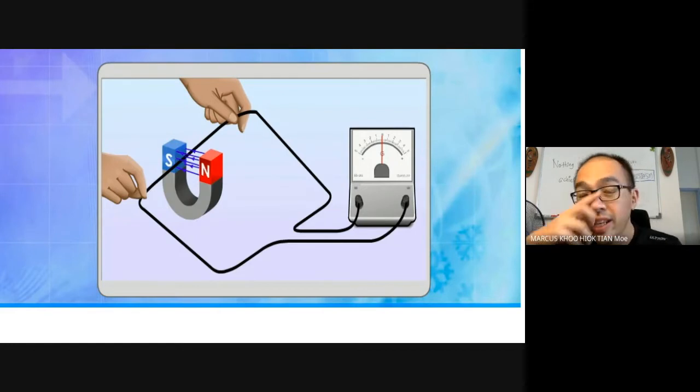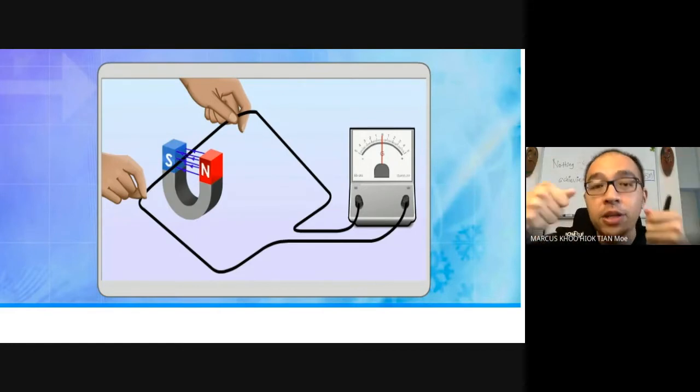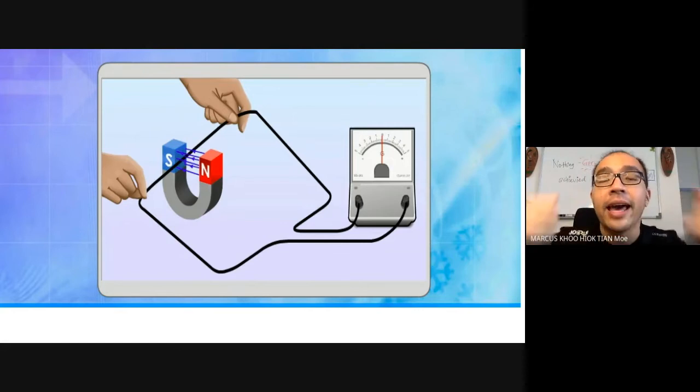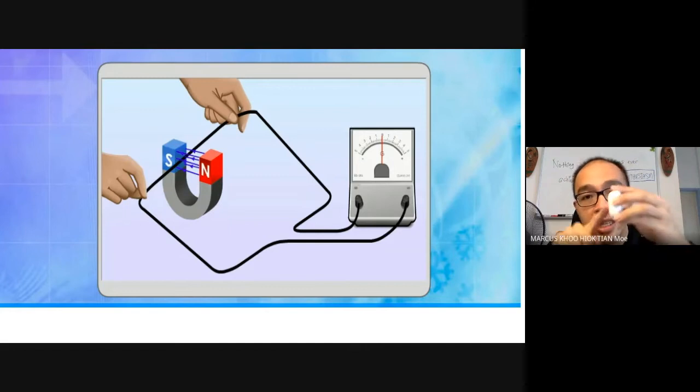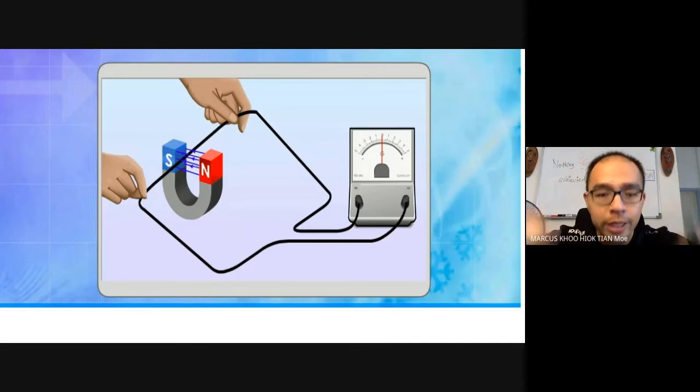Okay, so even if you put it inside, but you don't move it, there's no current. There has to be a movement, there has to be a cutting of the imaginary magnetic field lines. Mesti dia terpotong, baru akan terhasil arus. If you put it inside and you leave it there for a long time, there will still be no current flow.